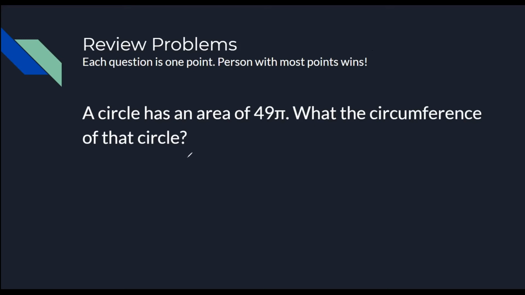Yeah, exactly. So the area of the circle is pi r squared, which equals 49 pi. We can cancel out the pi on both sides because we're just dividing by pi. We can see that r squared equals 49. When we take the square root, normally you'd have to take plus or minus 7, right? You can have positive 7 or negative 7.